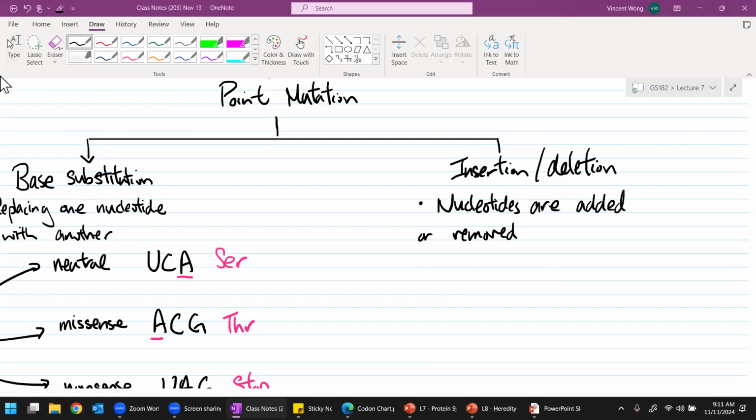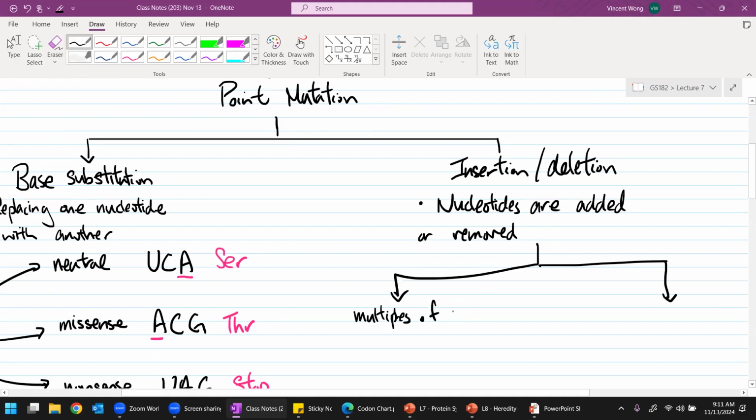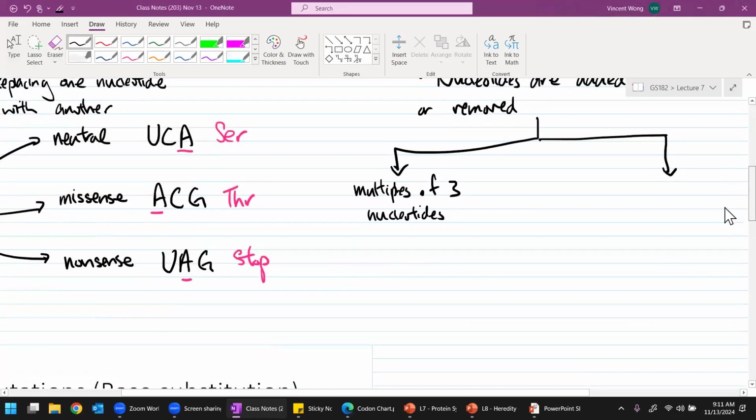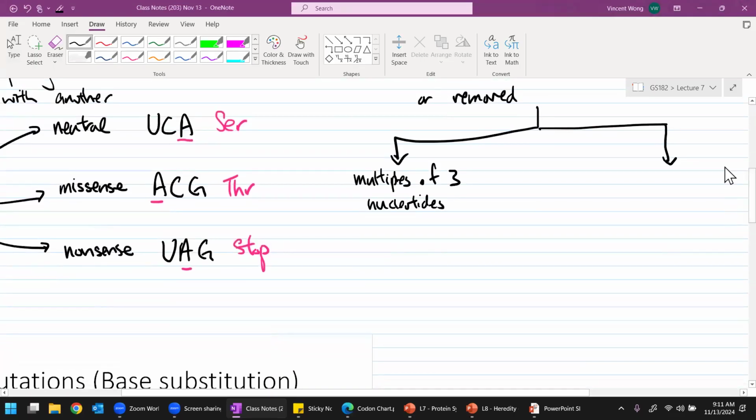For insertion or deletion, sometimes they're called indels, we have 2 situations. Multiples of 3. If you add or delete multiples of 3 nucleotides, tell me what's going to happen.